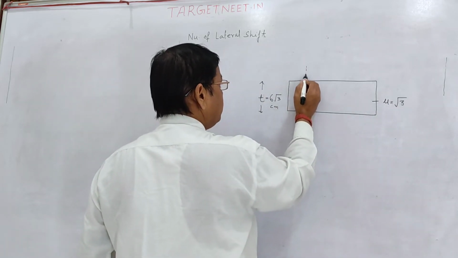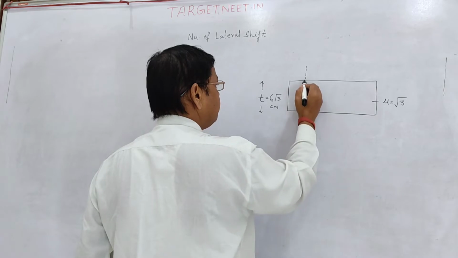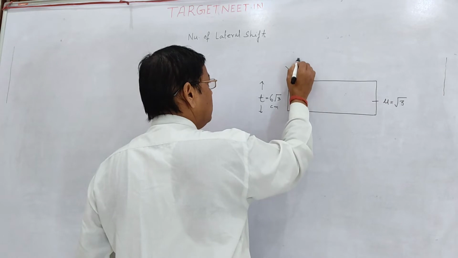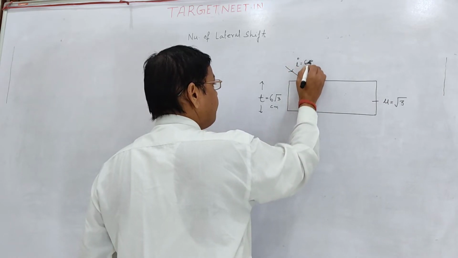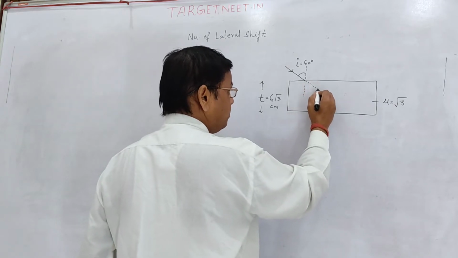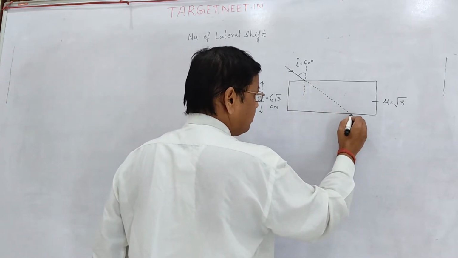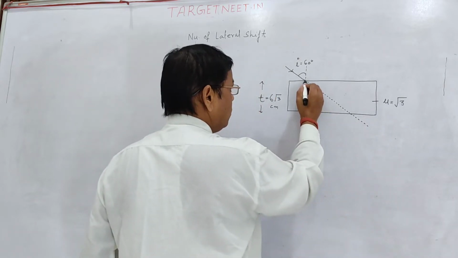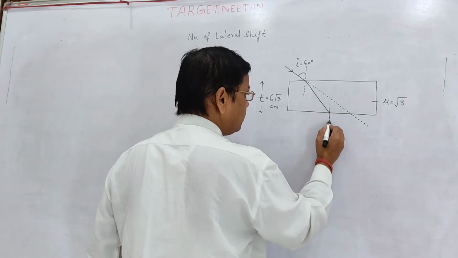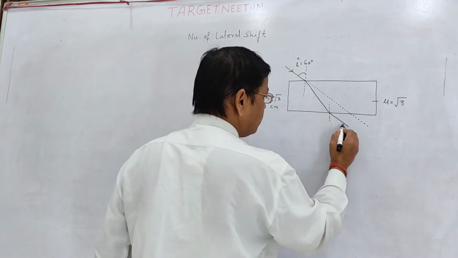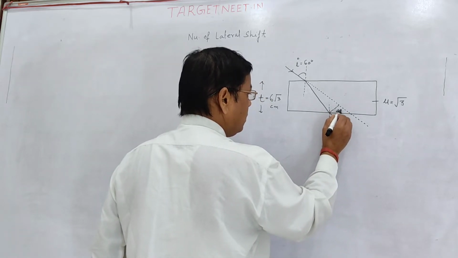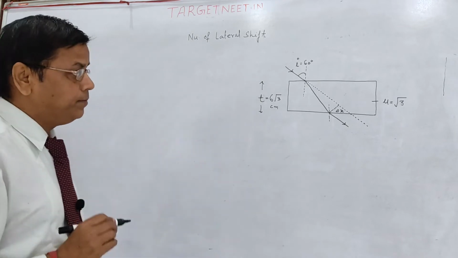A light is incident on it at, suppose, 60 degrees. You have to find what lateral shift is produced. So light will follow a path like this. This is the lateral shift delta x that we have to find.